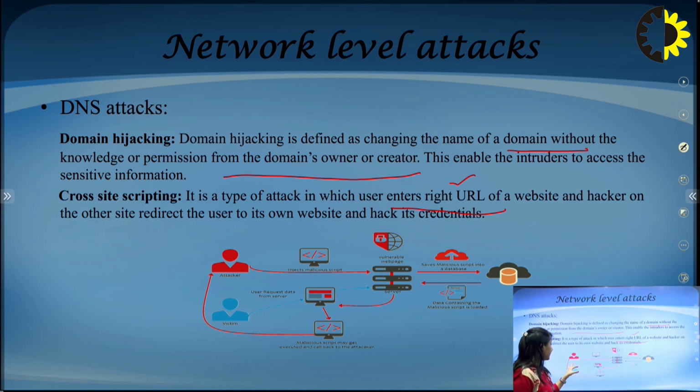This is a diagram, and this is injecting a malicious script. The user requests data from the server. This is the server and this is the user, and on this server the malicious script may get executed and call back to the attacker. So this is the main fundamental of how we can prevent these network related issues to the user.